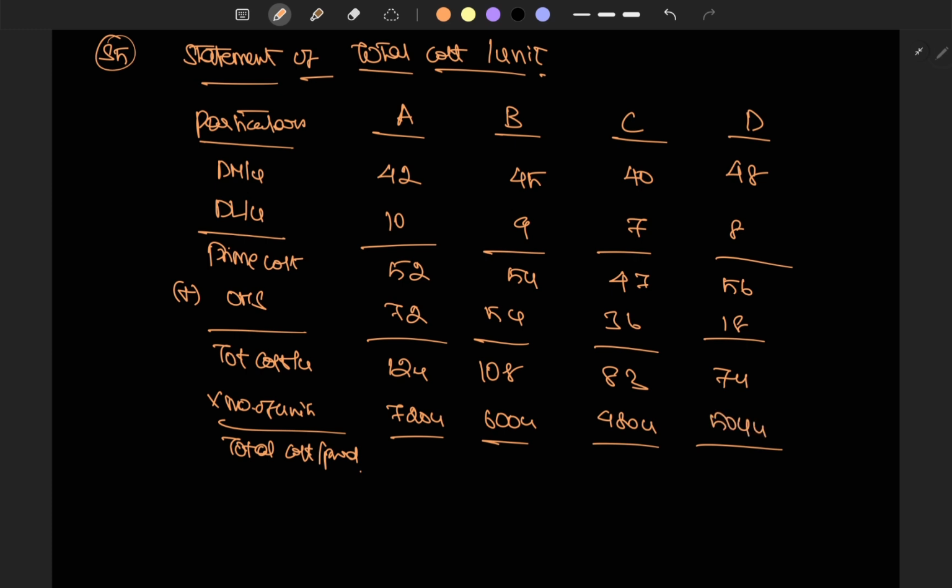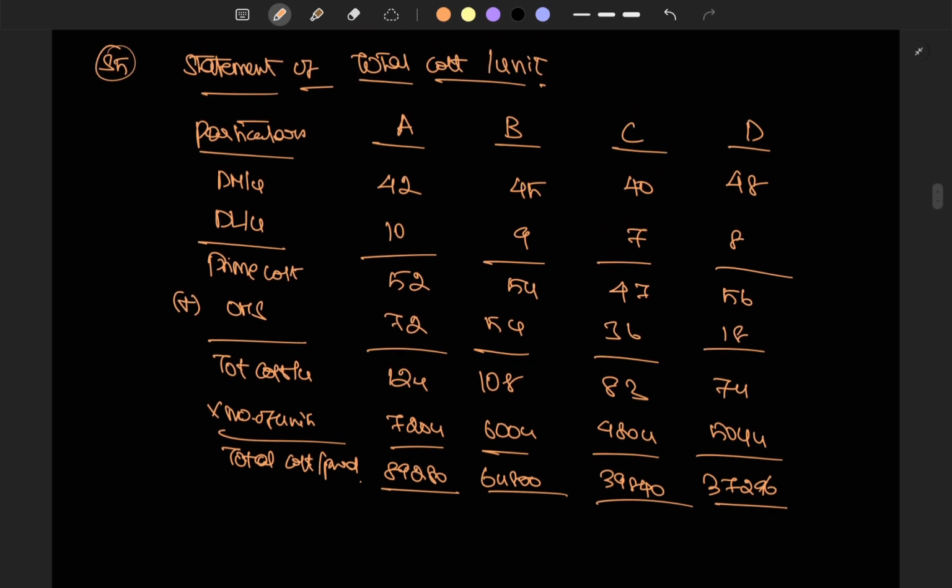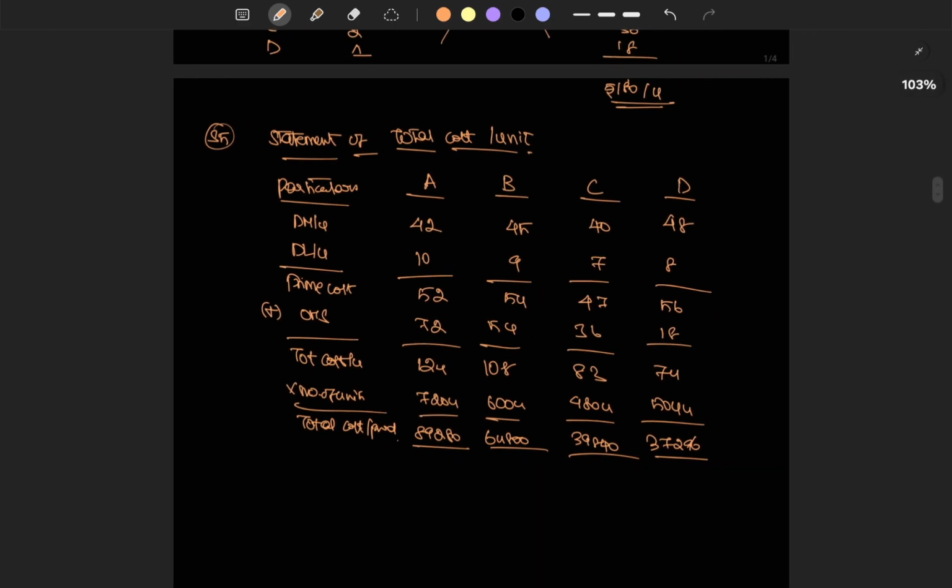Okay, 124 into 720 is 89,280. 108 into 600 gives us 64,800. 83 into 480 gives us 39,840. 74 into 504 gives us 37,296. Yes, now we found out the total cost per unit using the absorption costing method.